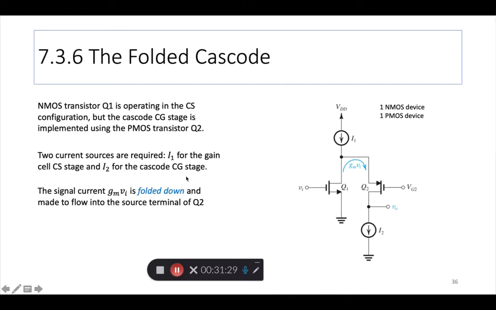But one other problem here is you now require two current load sources.